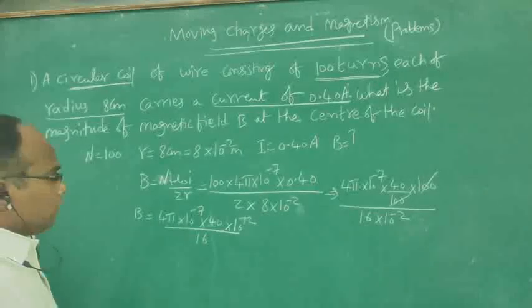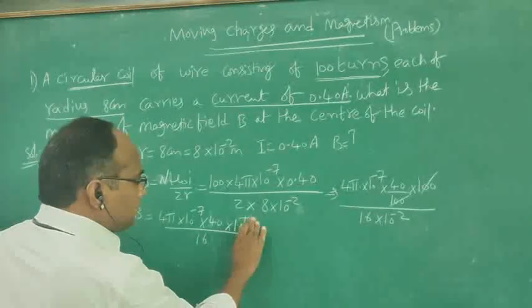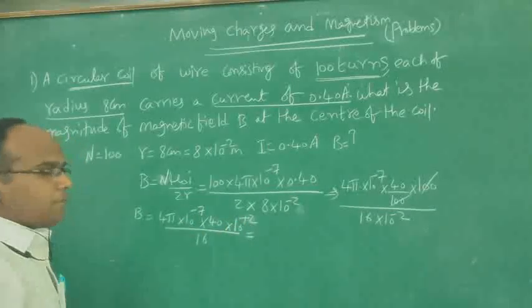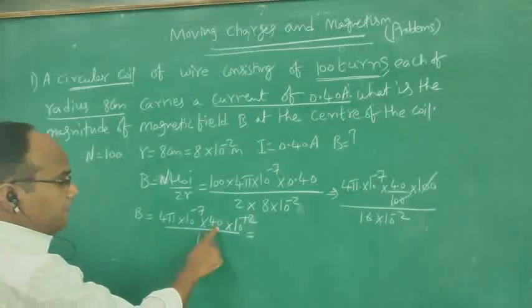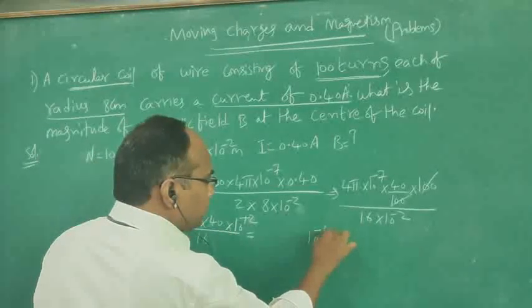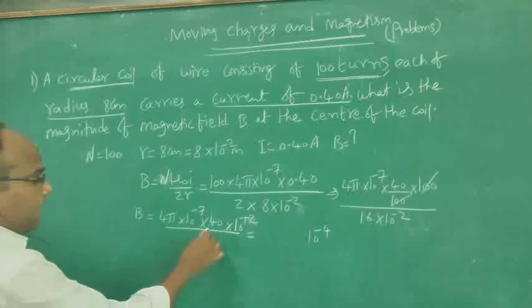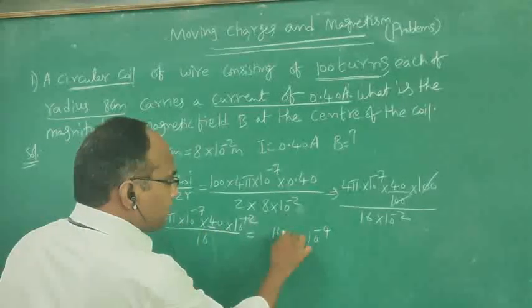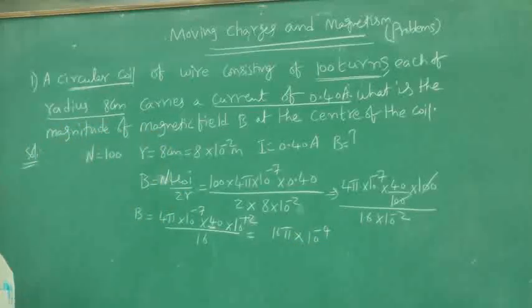Minus 7 minus 2 plus 2 is minus 5, and minus 5 plus 1 is minus 4. So 10 to the power of minus 4. And the remaining is 4 into 4, which is 16 pi into 10 to the power of minus 4.